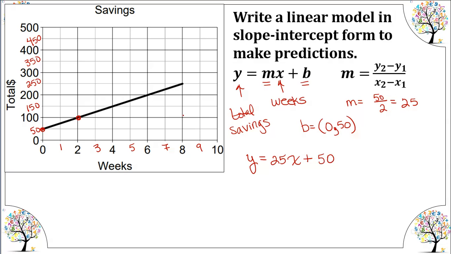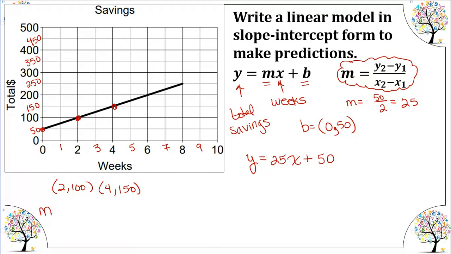Now let's pretend we couldn't find the slope so easily. Let's use the formula. When you're using the formula, you can use any 2 points on the graph. So I'm going to use (2, 100) and (4, 150).